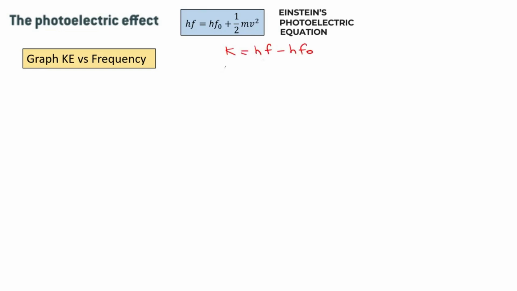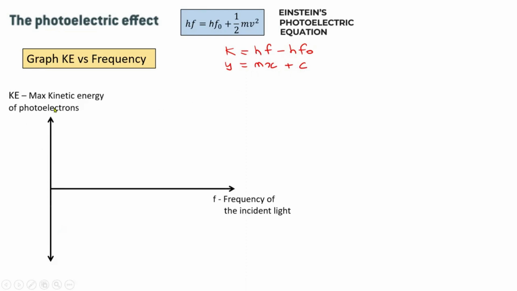So we are going to compare this with the standard equation of a line. Y is equal to mx plus c. So yes, Thiru, you were right. Minus hf naught is the y-intercept. And what is the gradient? h. Yes, that's why it will be like this, right?